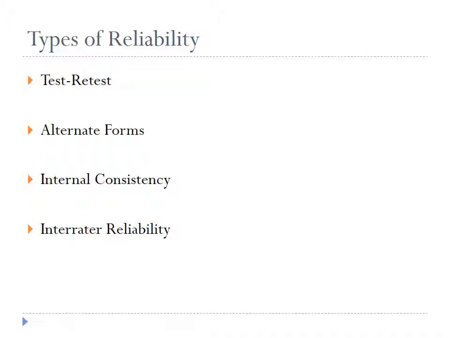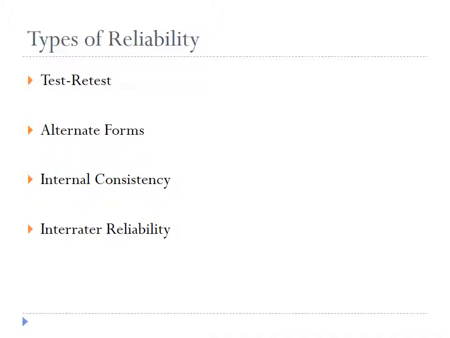Calculating these Pearson product moment correlations can be done for several different types of reliability. The 4 primary types of reliability you see in research and assessment reporting are test-retest, alternate forms, internal consistency, and inter-rater reliability.